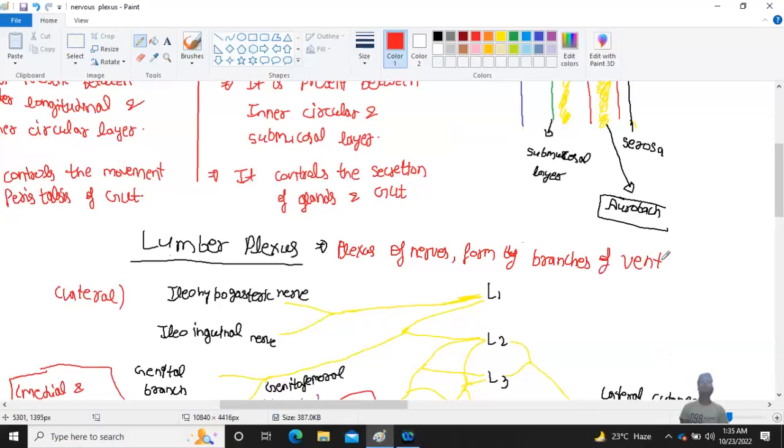Because we know one is ventral rami and one is the dorsal rami. So these are the ventral rami. This is the common thing in all plexus, cervical, lumbar, brachial, all. This is not much important.